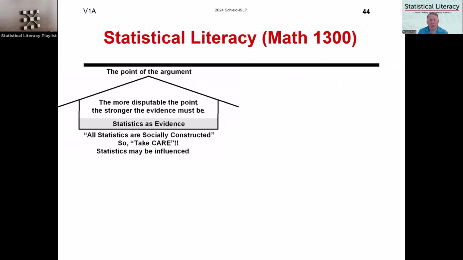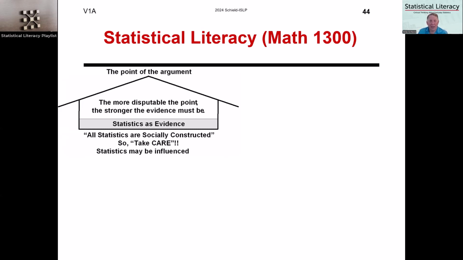Here are some particulars. How do I see an argument? I view it much like a house where the basement supports the walls, the walls support the roof, and the roof holds up the point. And the argument has a point. And the statistics are typically the evidence in the basement. Now, statistics are socially constructed like words.